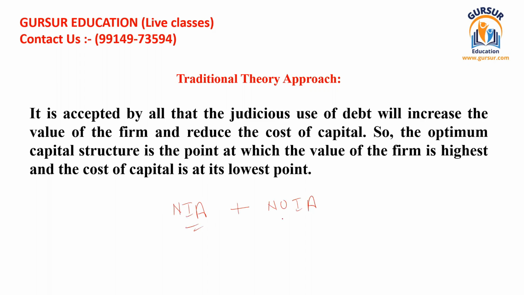This theory tells you that up to a certain level, the use of debenture gives you benefit, but after that level there are increased costs and you don't get any kind of benefit. So up to a certain level only you can get the benefit.